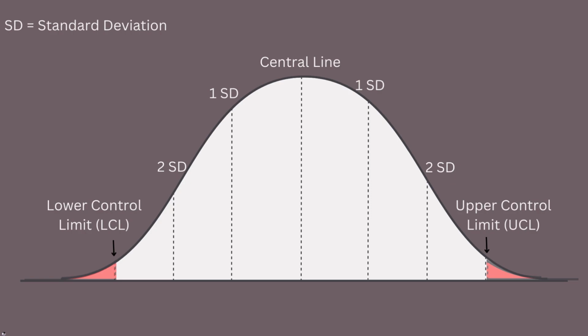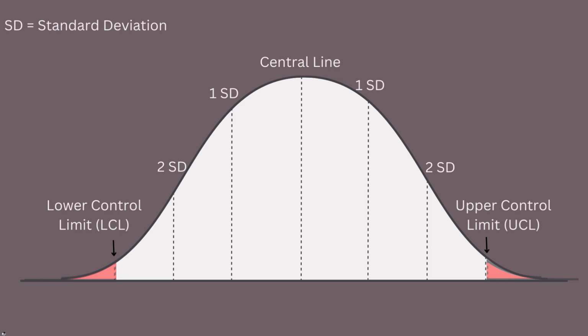In the context of an SPC chart, the upper control limit and the lower control limit are typically set at 3 standard deviations above and below the central line, which is the mean or average of the data. As we mentioned earlier, in a normal distribution, about 99.7% of data points fall within 3 standard deviations from the mean.